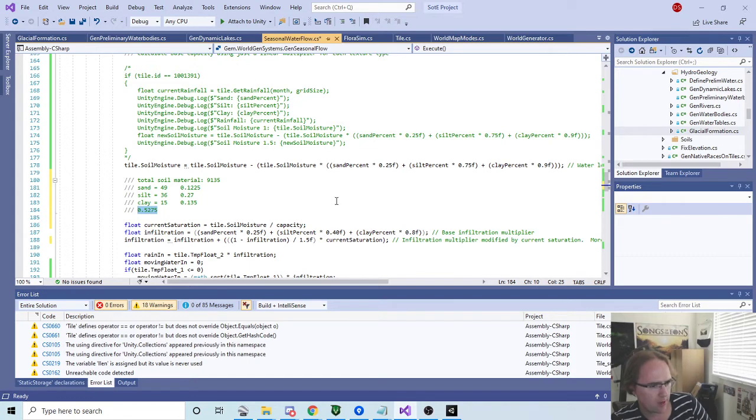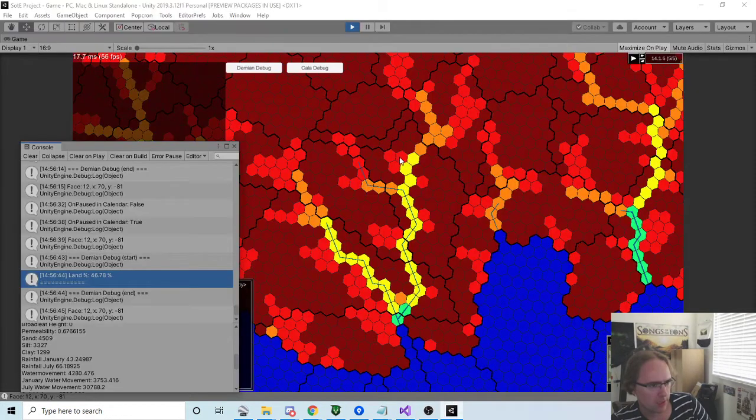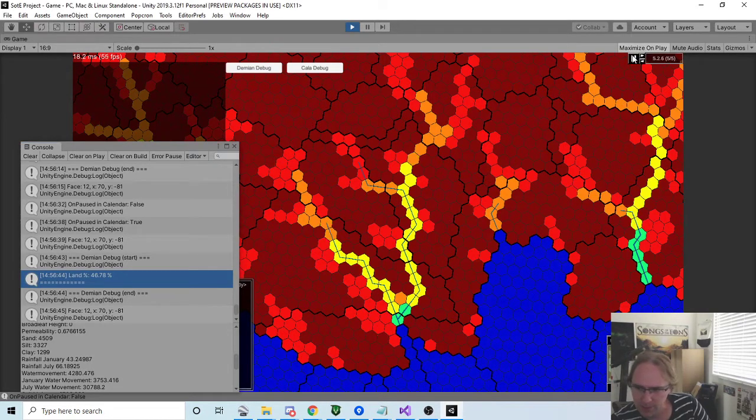What's weird though is how little water is able to infiltrate. I'm wondering if maybe just not enough water is able to penetrate during the wet season, and that maybe it's just mostly rain that's getting in, and water movement isn't. So let's test that out.